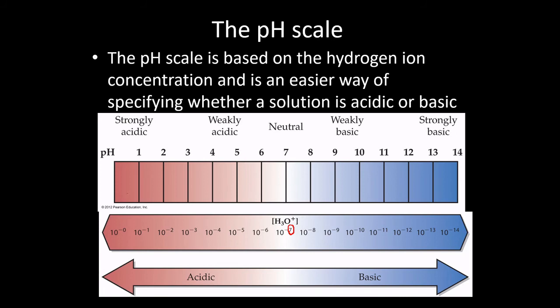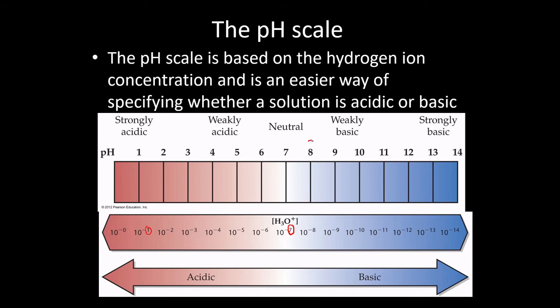So the lower the number, the more acidic the solution is, because the smaller this number is, the larger the concentration of H+. So pHs that are less than 7 are acidic, and pHs that are greater than 7 are basic.